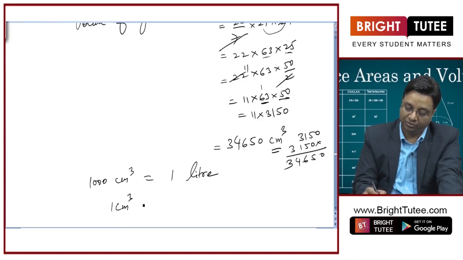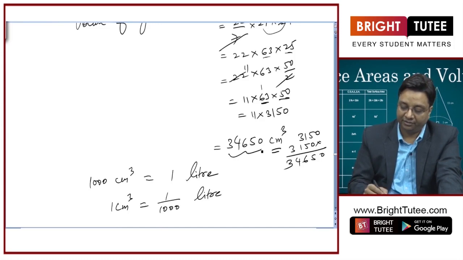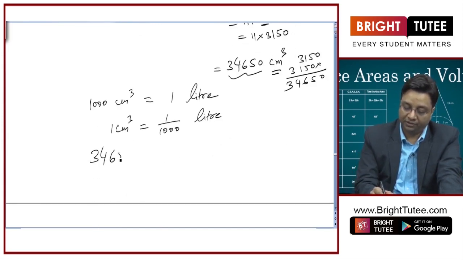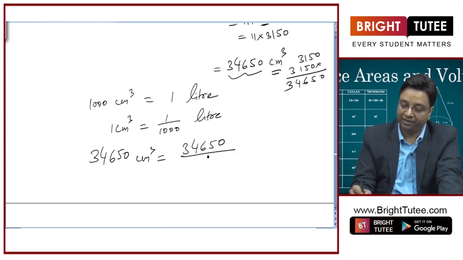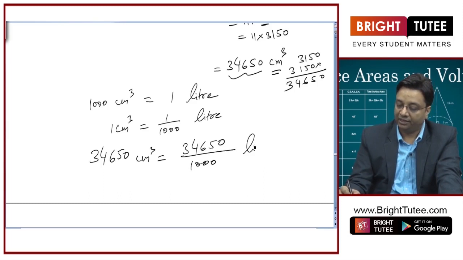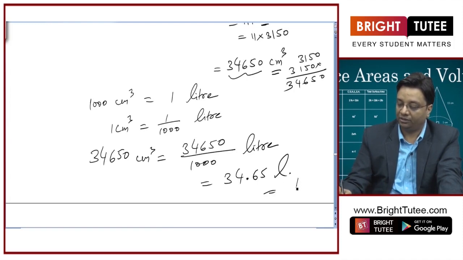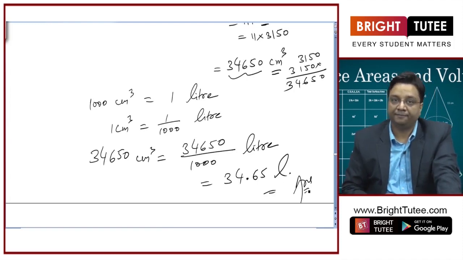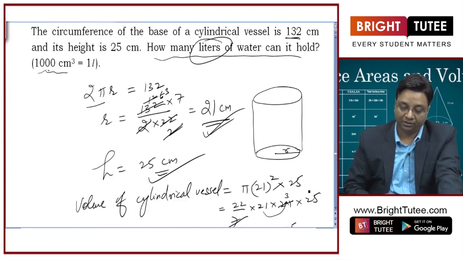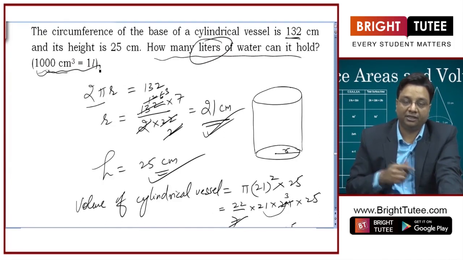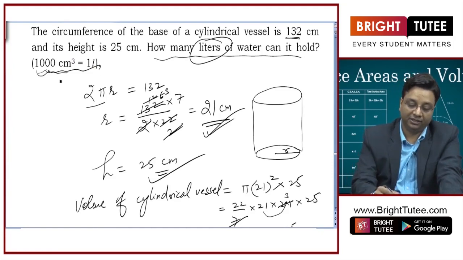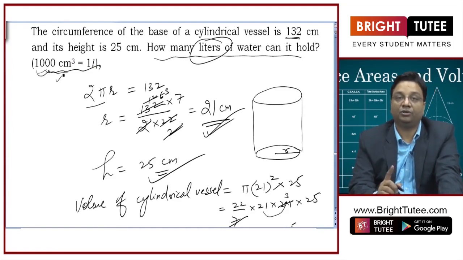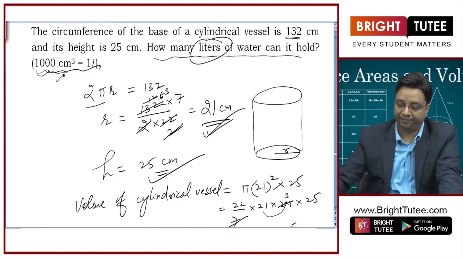So 1 centimeter cube will be 1 by 1000 liter, and these many centimeter cubes, 34650 centimeter cubes, will be equal to 34650 divided by 1000 liter, that is 34.65 liter is your answer, right? This conversion was given, so this question became very easy. Otherwise you should also memorize these conversions, that 1 centimeter cube is equal to 1 by 1000 liters.